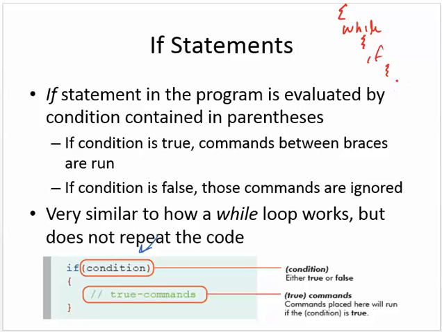Then you've got some command happening, and a bracket, and then we've got to have a bracket out here for the end of the while statement, and then a bracket out here for the end of the overall program. If you had another while statement, you'd have to go through this whole process again.